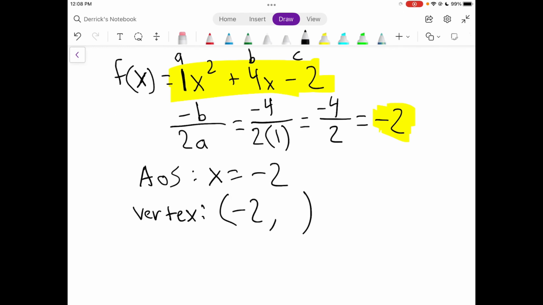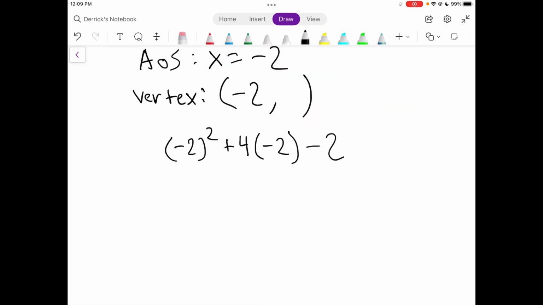So if I did that, I would have negative 2 squared plus 4 times negative 2 minus 2. Well, exponents come first in order of operations, and we know that any negative number squared becomes positive.